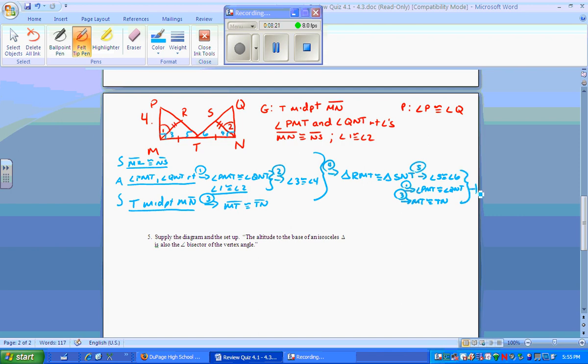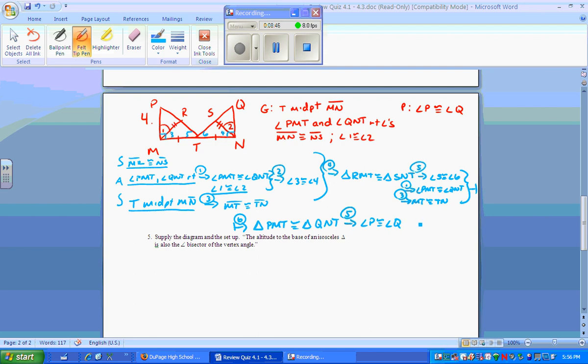These three together. Oh, ran out of room. Put up the wall. Up to reason 6, triangle PMT congruent to triangle QNT. Which then by CPCTC again, which looks like it's reason 5, angle P congruent to angle Q.